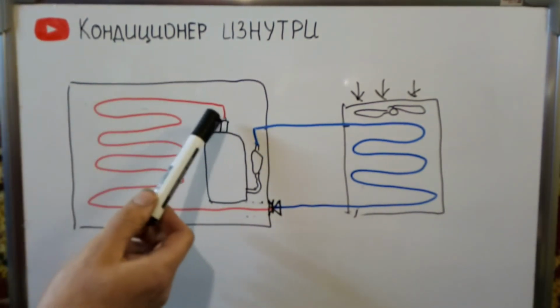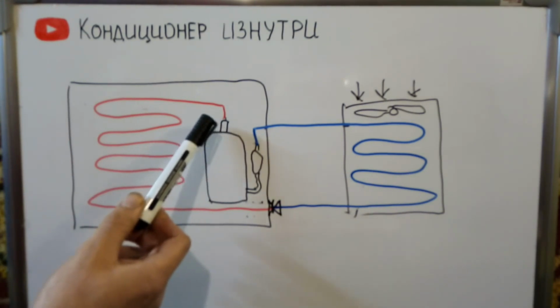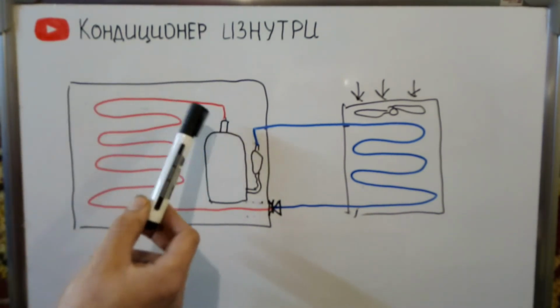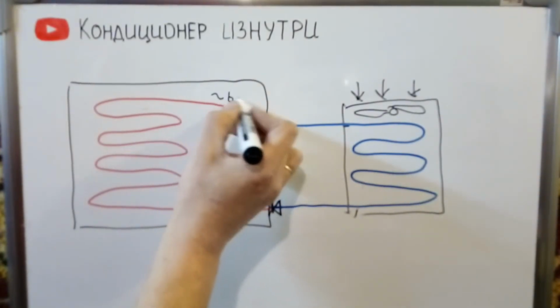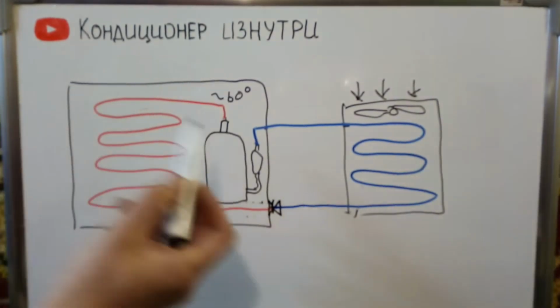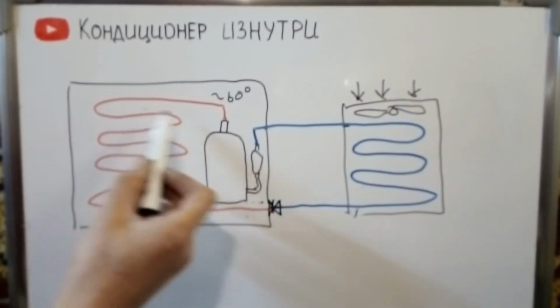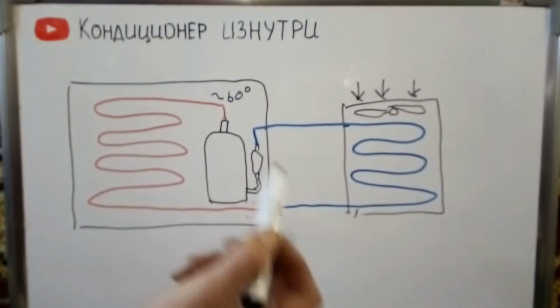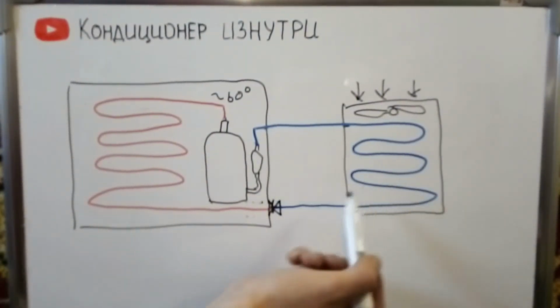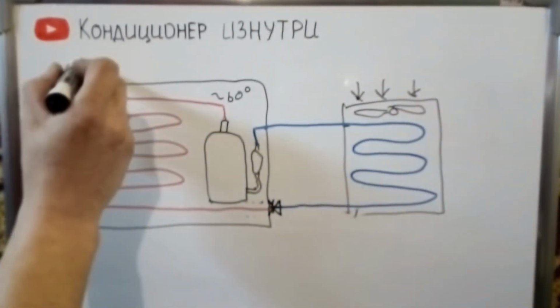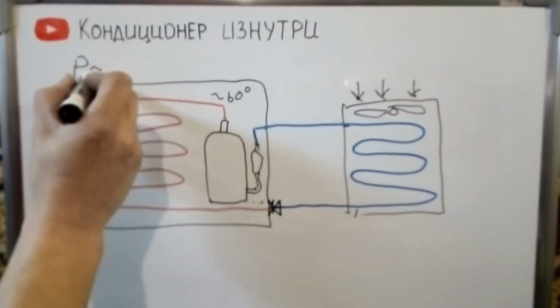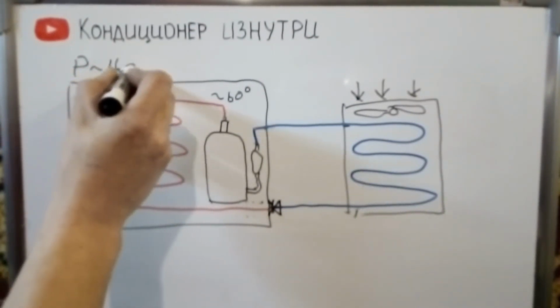At the outlet of the compressor, the refrigerant is in a gaseous state and with a high temperature of about 60 degrees. The pressure in this part of the circuit is high and has the same value everywhere, in this part of the circuit low also has the same value. The pressure in this part will be 14 atmospheres, the pressure in this part of the circuit is about 4 atmospheres.